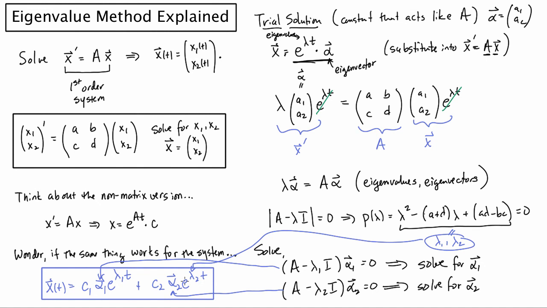And so we're basically hunting for eigenvalues and eigenvectors of the coefficient matrix A. So really all that's going to matter here is what is A. If you can tell me what A is, then I'm going to find the lambdas and alphas, the eigenvectors and eigenvalues associated with the matrix A, and that tells me everything I need to know about the system.